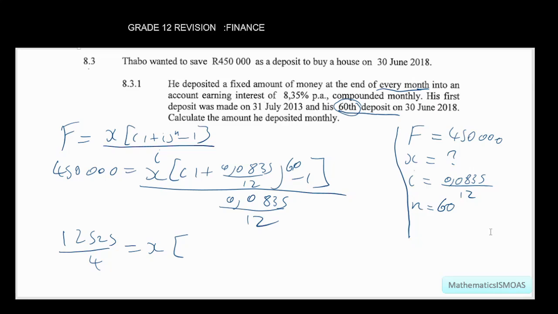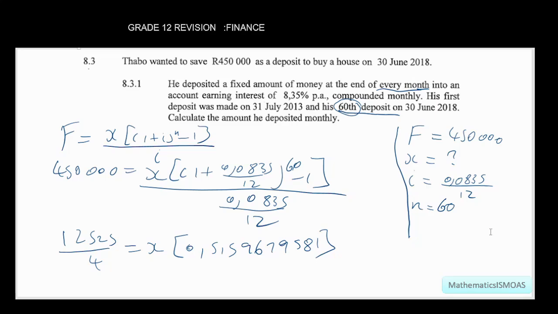We get the answer, and then we raise it to the power of 60. Then we subtract 1. Then we get 0.5159679581.